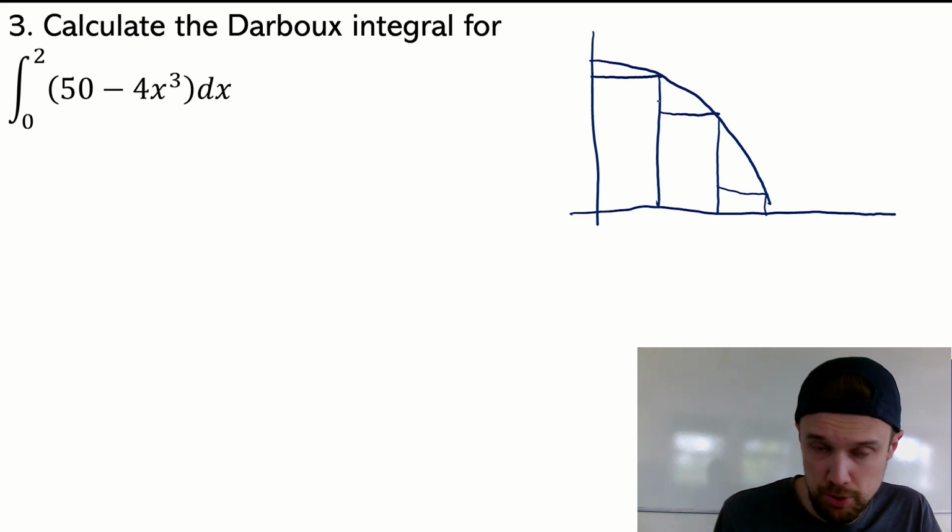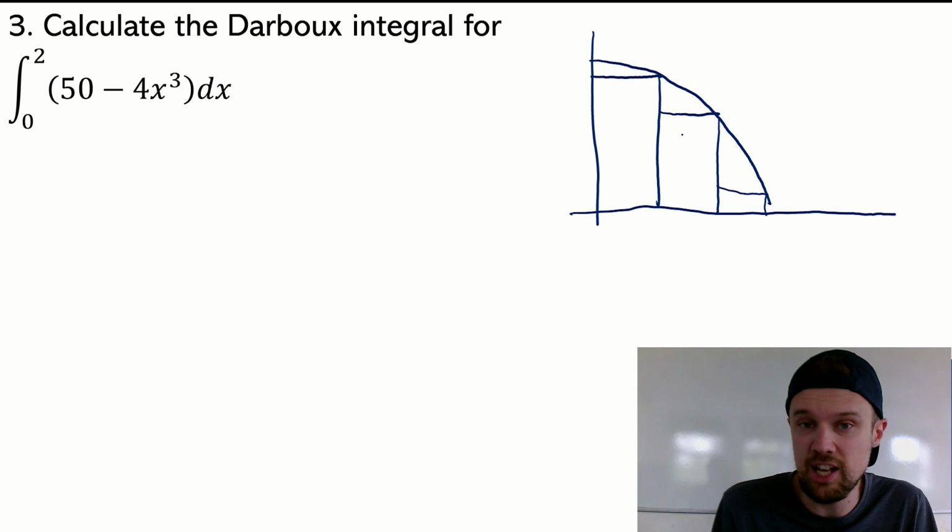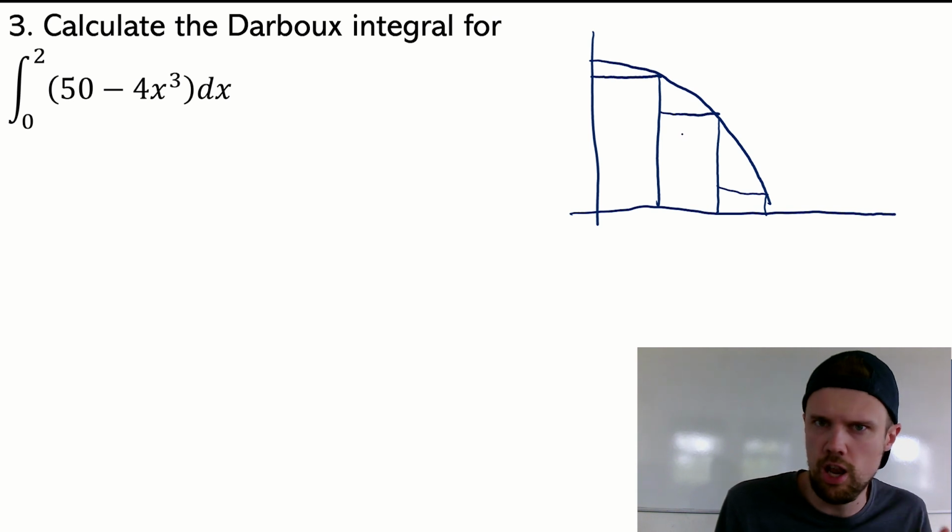So that's important because it means this, as just a bunch of rectangles, would normally be what we would call a right Riemann sum. But in the context of this, as it's an underestimate, this is actually going to form what we're going to call the lower Darboux integral.